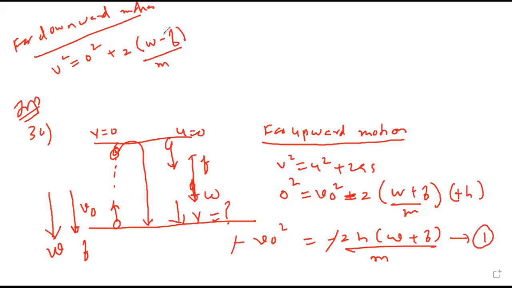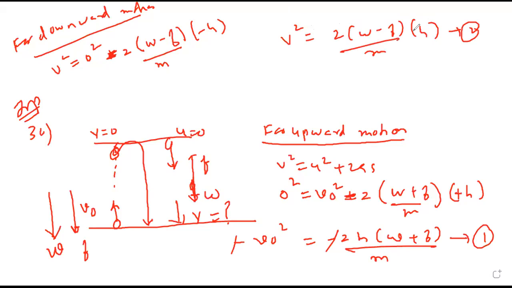Upon mass gives me acceleration, minus H. Velocity in downward will also be minus H. So V square equals 2 times W minus F upon M into H. So if you divide the two, you get V square upon V naught square, 2 by M cancel, W minus F upon W plus F.